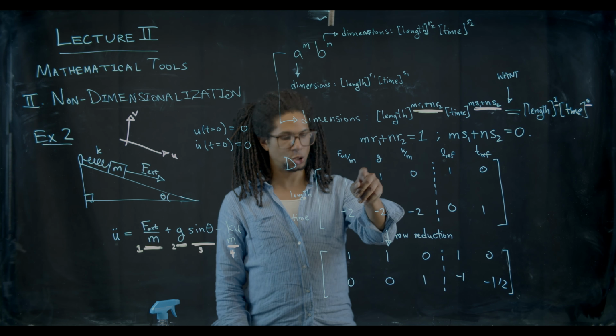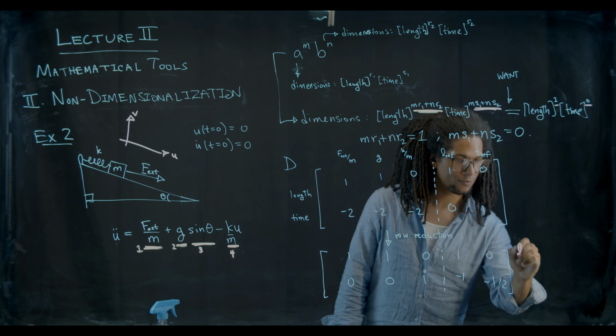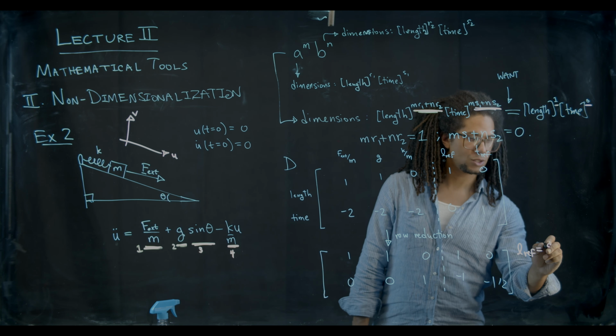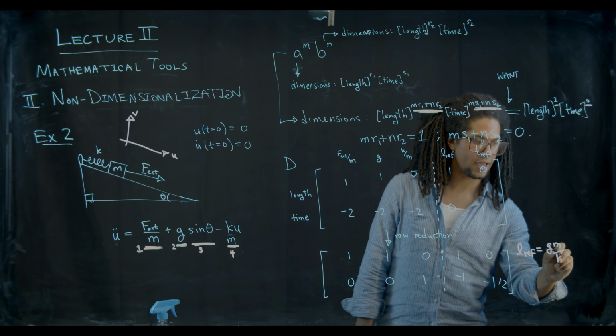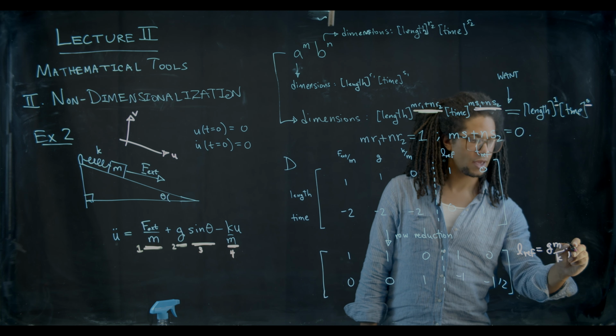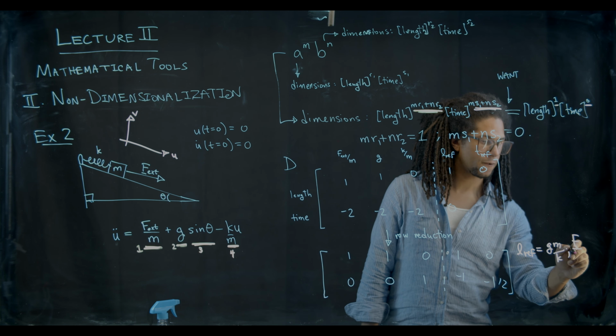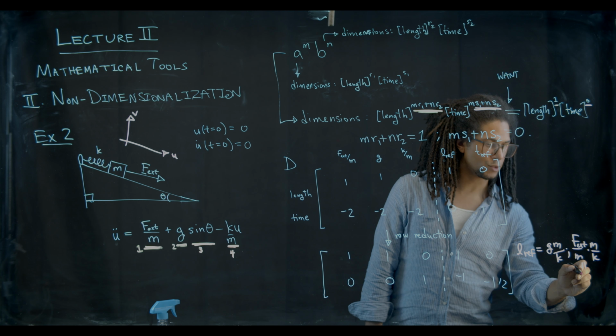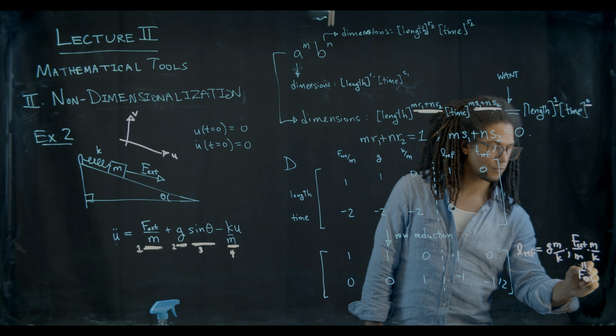For my L ref, I could pick g times m over k, or I could pick f external over m times m over k, which is equal to f external over k.